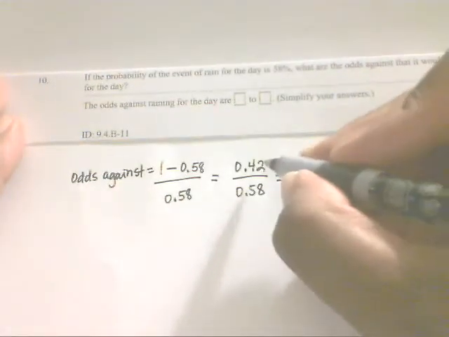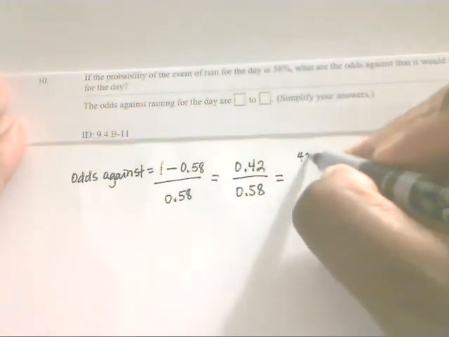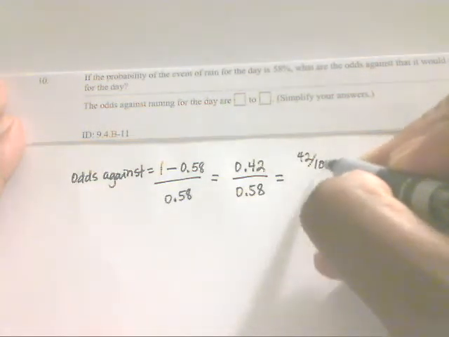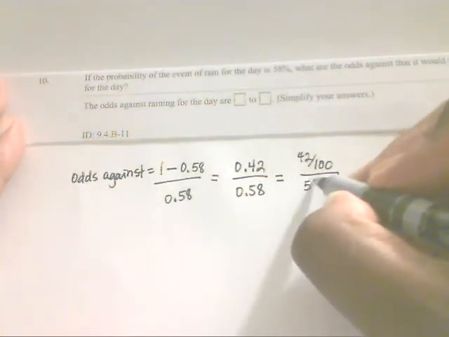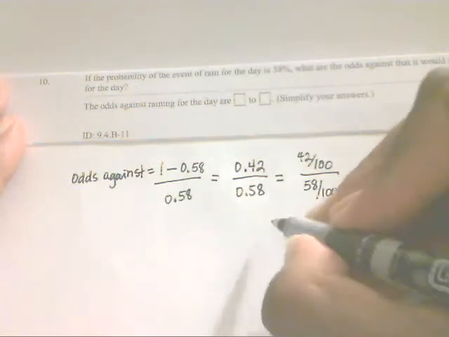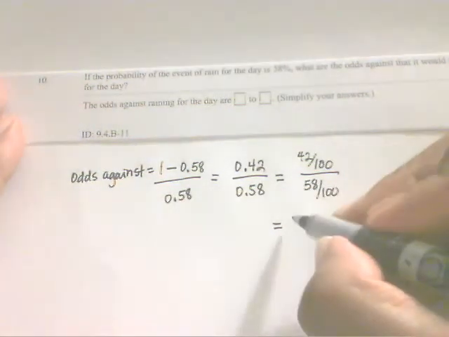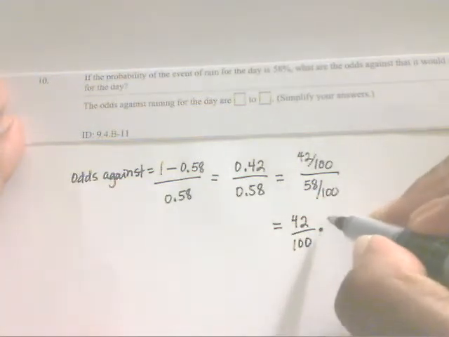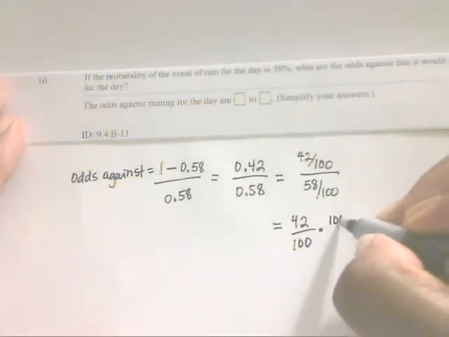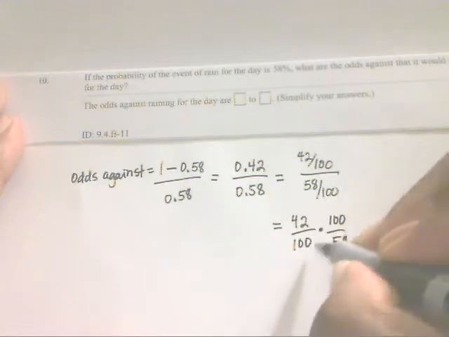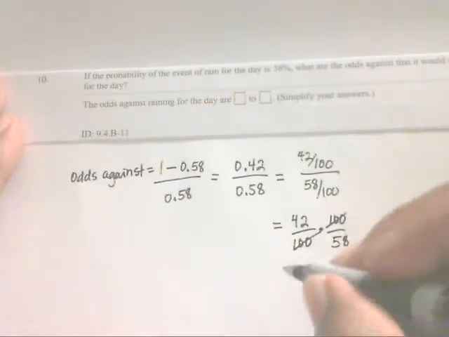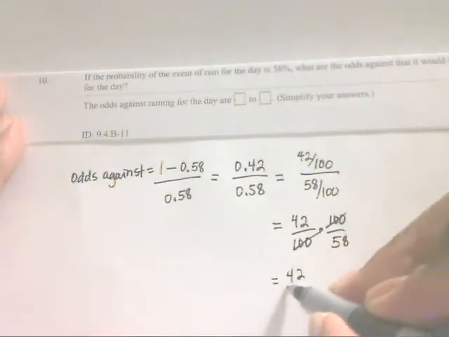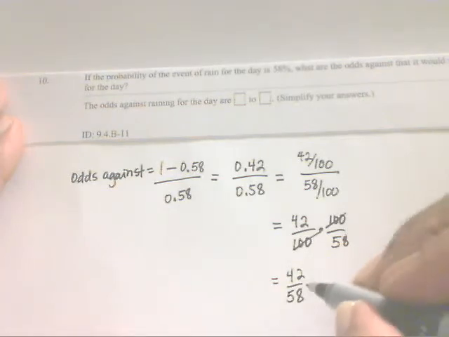Okay, now if I write 0.42 as a fraction, that'll be 42/100. And 0.58 as a fraction, that's going to be 58/100. So now we can simplify this by saying 42 over 100 times the reciprocal of 58 over 100, which is 100 over 58. The 100s divide out, you're going to get 42 over 58.